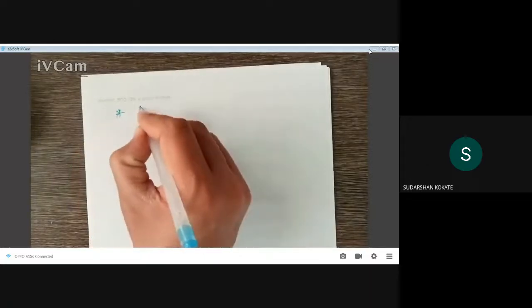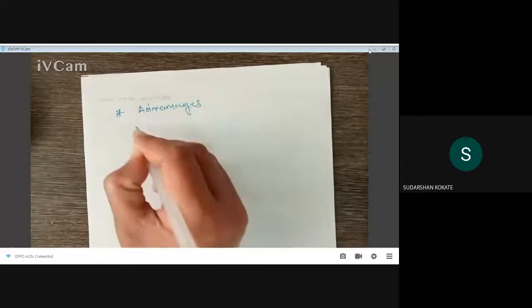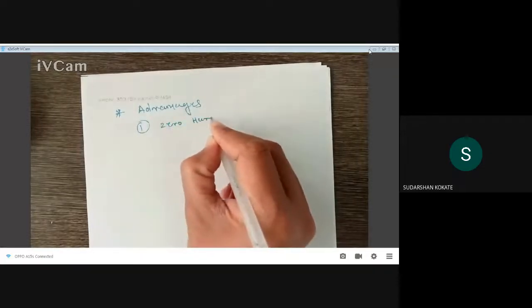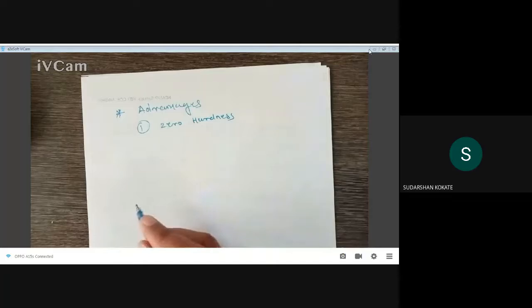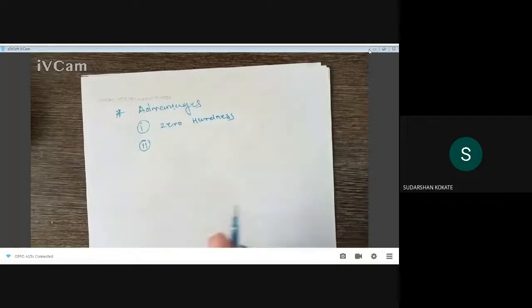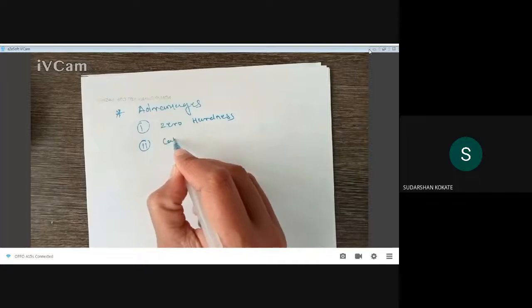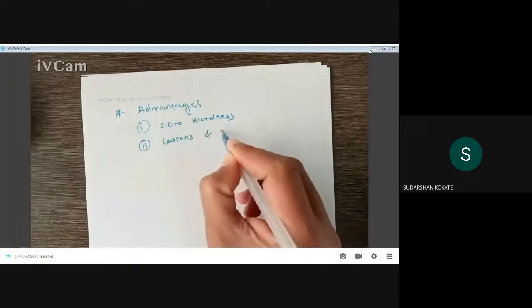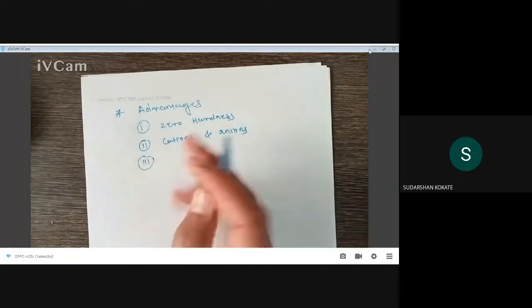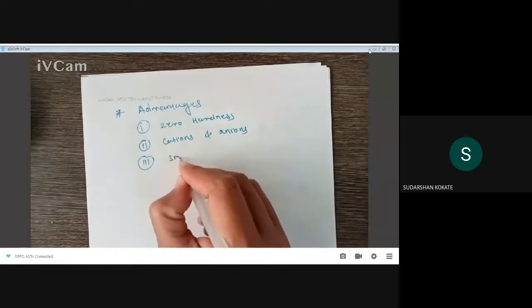The second advantage is that your water becomes free from all types of impurity, that is, cations as well as anions, right? And the third advantage is that in this process the equipment occupies very small space, right?